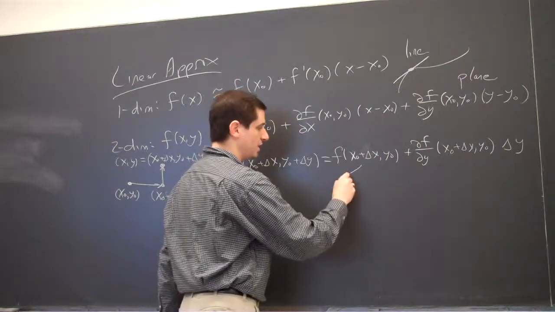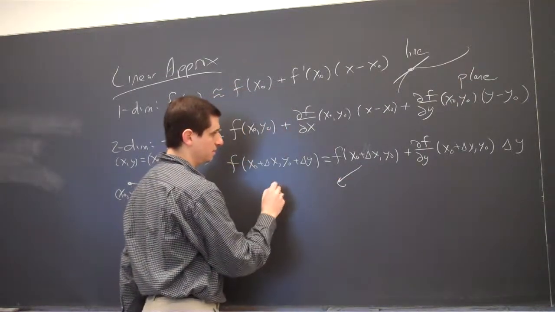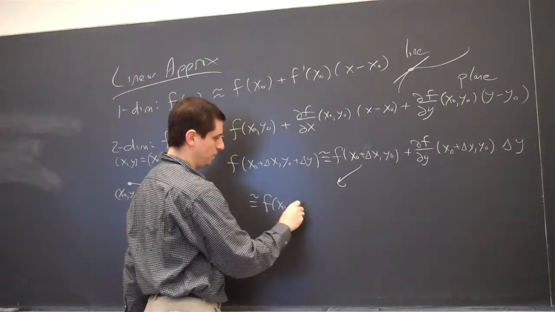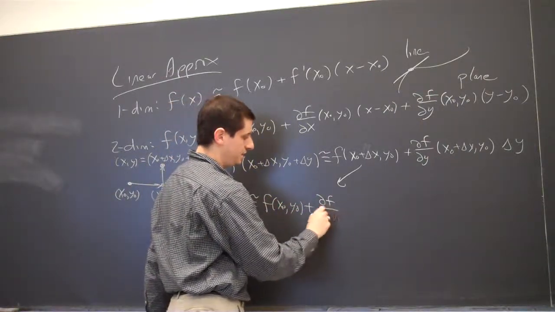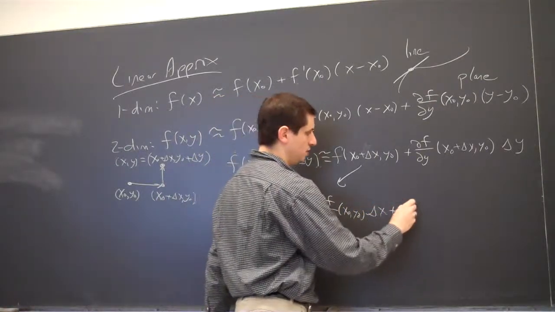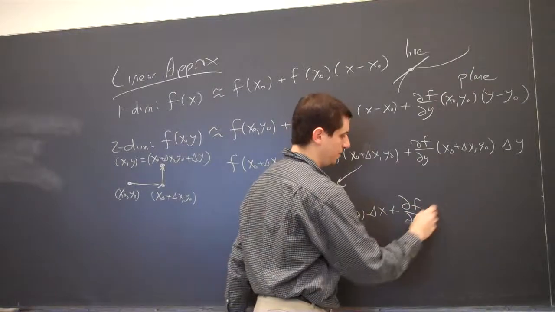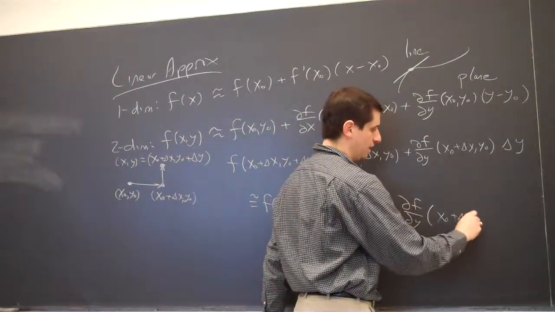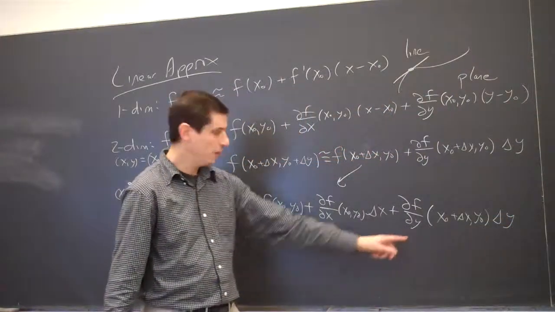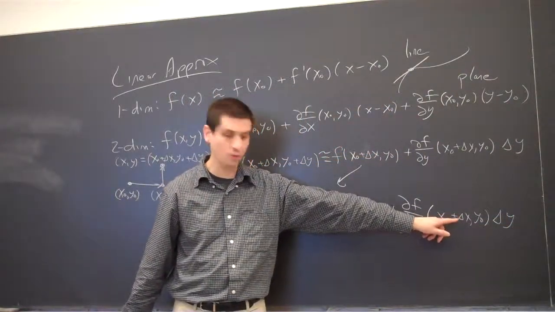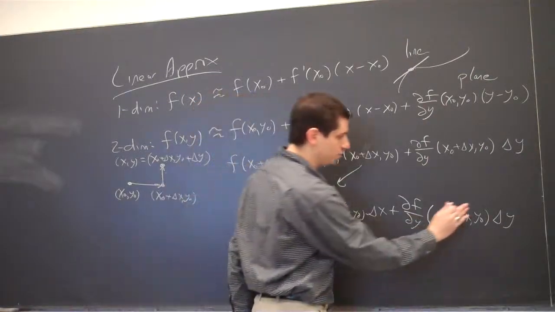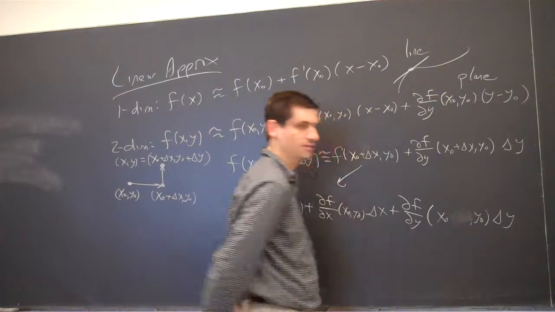So if I use the tangent line again, I would get approximately f of x naught, y naught plus df/dx at x naught, y naught times delta x plus df/dy at x naught plus delta x, y naught times delta y. I don't want to evaluate this at x naught plus delta x. I want to evaluate it at x naught, y naught. Why can't I just say screw this and just drop the delta x?